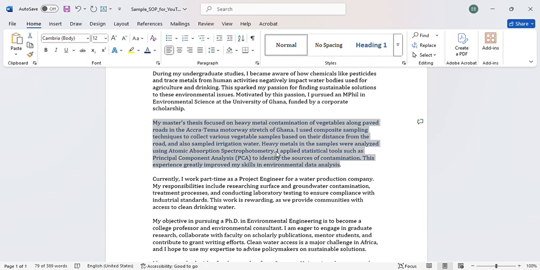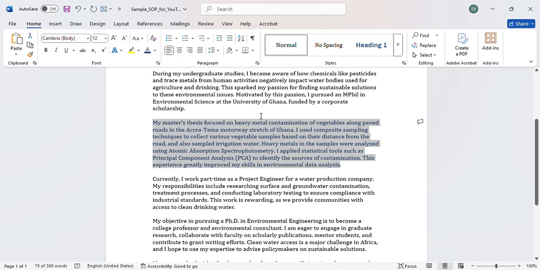If you have a plant sample, soil, or water, you can use the AAS, that's the atomic absorption spectrophotometer, to detect them. So I have these skills. I also have a data analysis skill, that's principal component analysis. This also is applicable to the program that I am applying to.